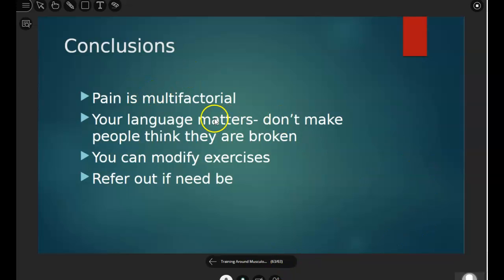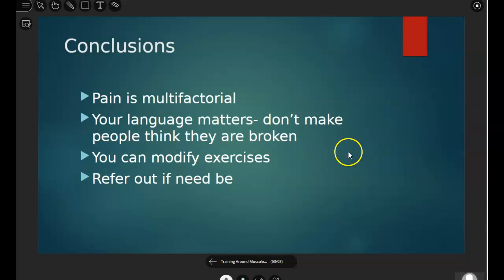All right, so we'll just wrap this up. One, pain is multifactorial. Of course there is a training stress component, and when we're talking about training stress, that is one of the two best ways that you can help somebody manage pain and work around pain. The other one is that your language matters.